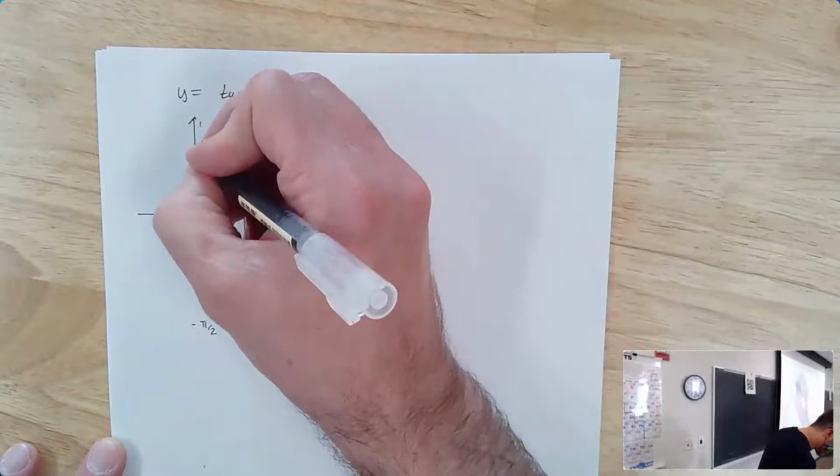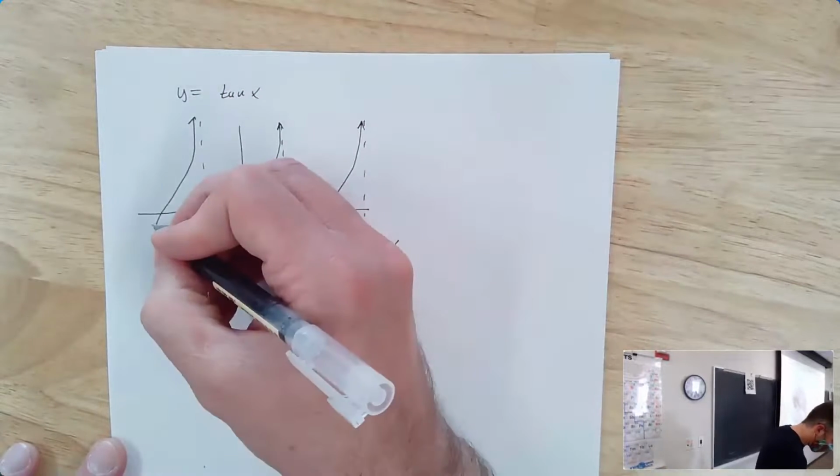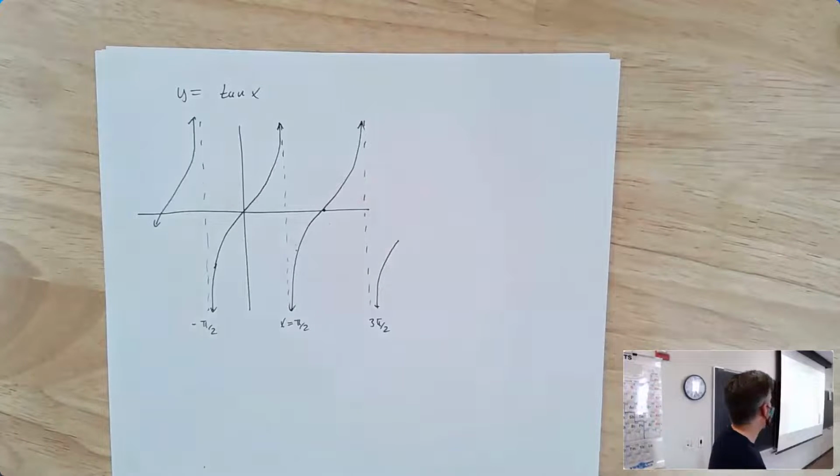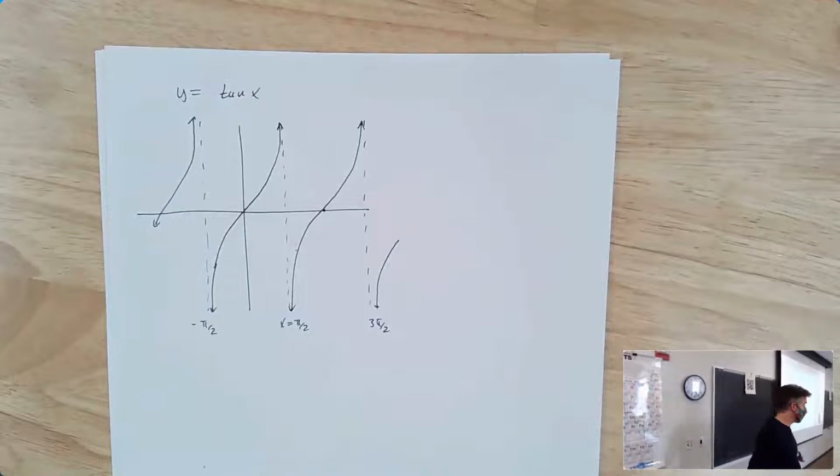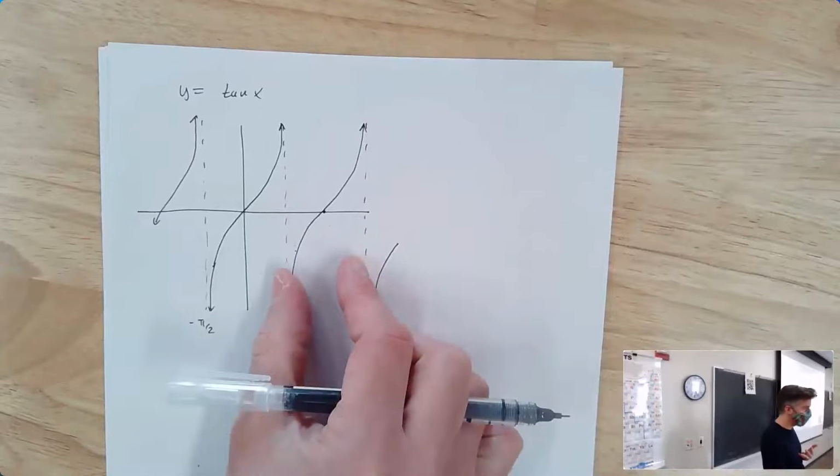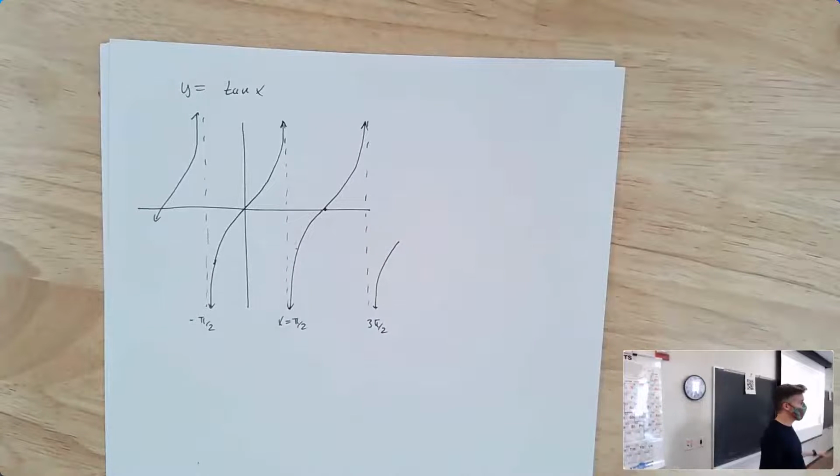Same deal here. Every trig function fails the horizontal line test, right? Every trig function is periodic, meaning at some point it's going to have the same y values. It repeats itself every pi. So what's the domain I should pick for tangent for it to be 1-to-1?